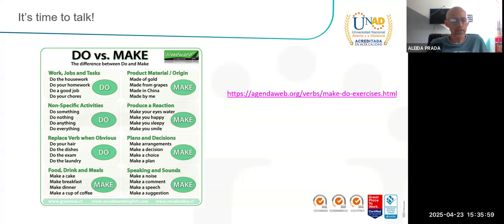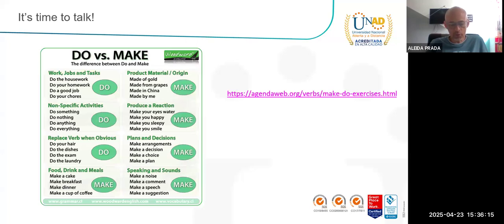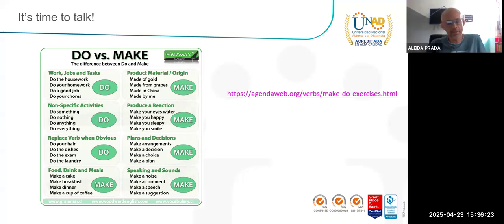But there are some differences between do and make. We have to study, we have to learn when we use do and when we use make, because there are specific cases to use each one of them.